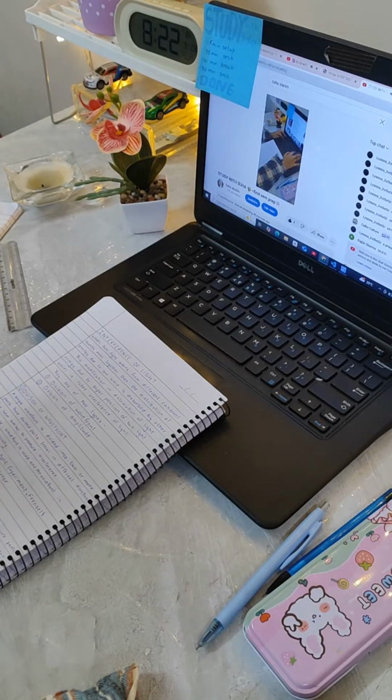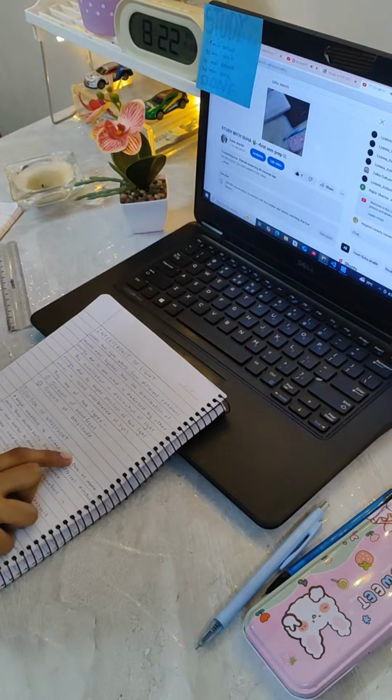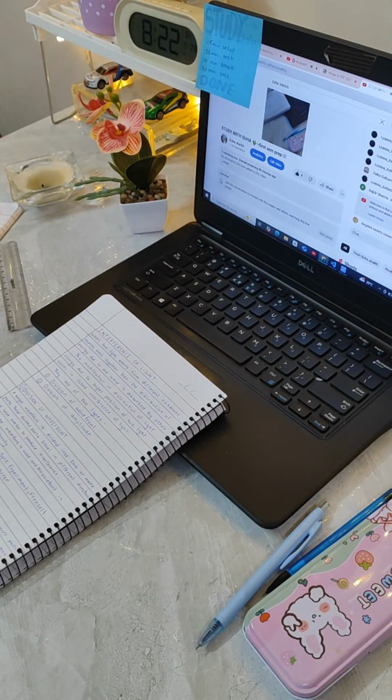So I need a punch and a sticky note, like that one. The only problem is I have no idea where the punch is.